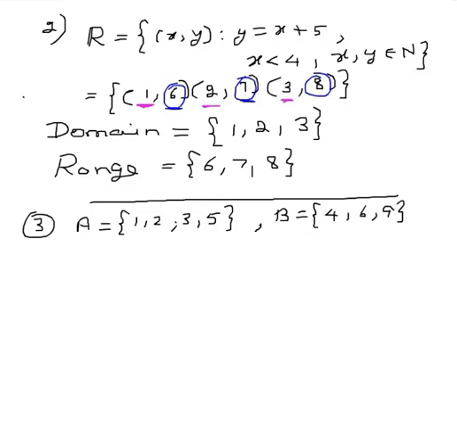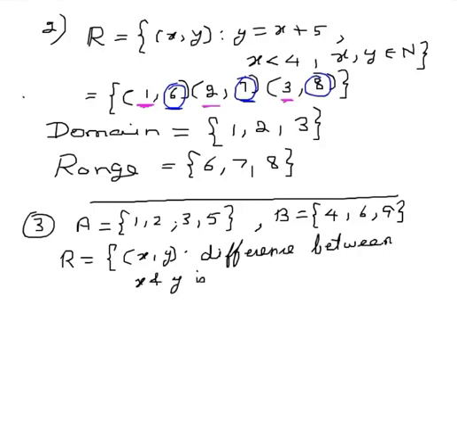Define a relation R from A to B where the definition of the relation is given in set builder form, the set of all x, y such that the difference between x and y is odd, and x should be from set A and y should be from set B. This is the definition of the relation. Write R in roster form. Let us list out the elements.